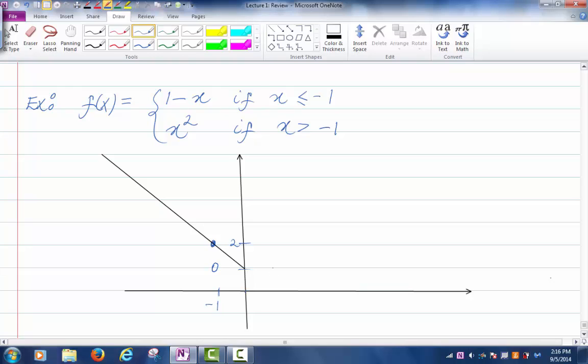And then at 1 the value is here, so I get a parabola like this. Now the graph of the parabola of course goes like this here, but we don't take that part because when x is less than negative 1, the function is defined by the 1 minus x. We also have to delete this part, right?